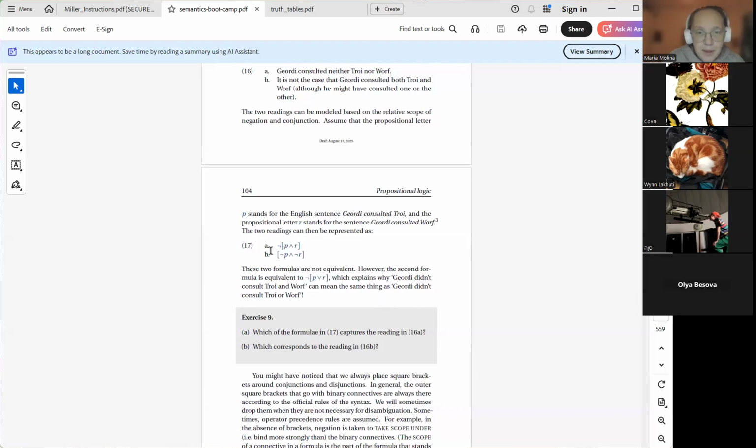And here we see that in 17A, the scope of negation is the whole conjunction of P and R. And in 17B, negation scopes over P and negation scopes over R, not over the conjunction.